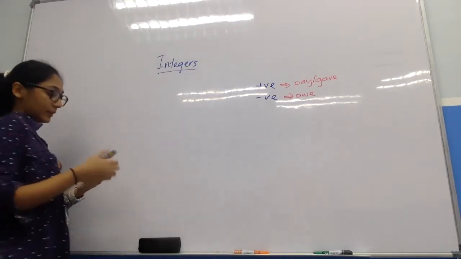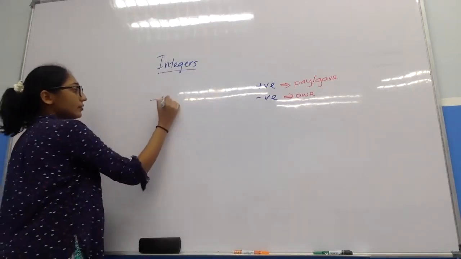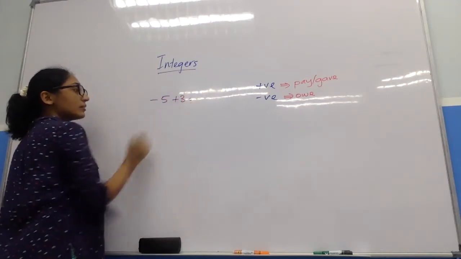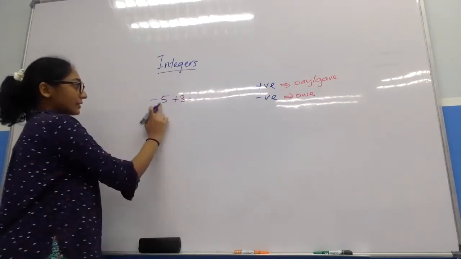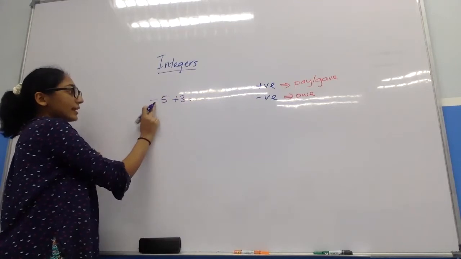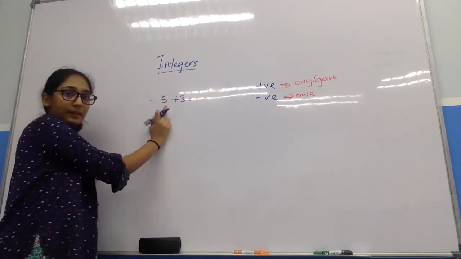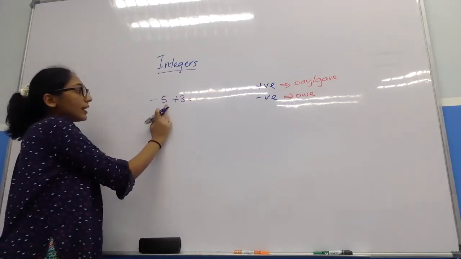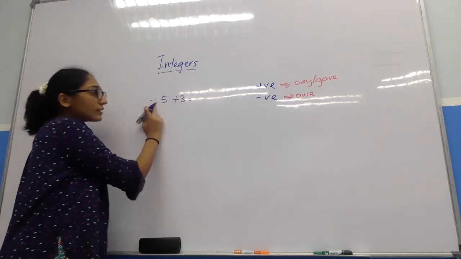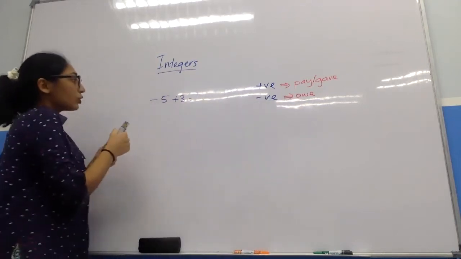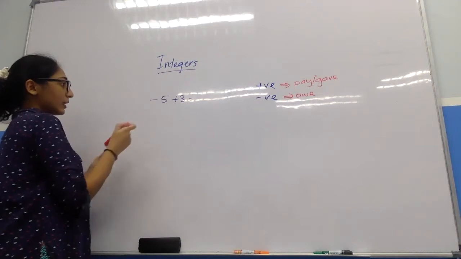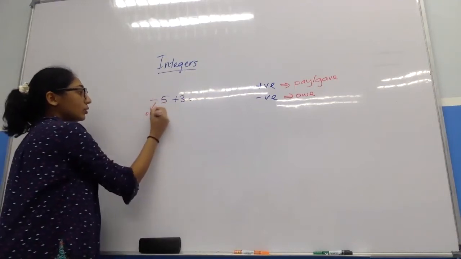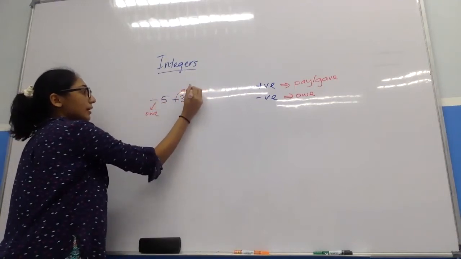So let's say I have a question. -5 plus 3. You must always look at the sign before the number. So what is -5? Negative means you owe someone. So you owe someone 5. Remember, negative is owe, positive is pay.